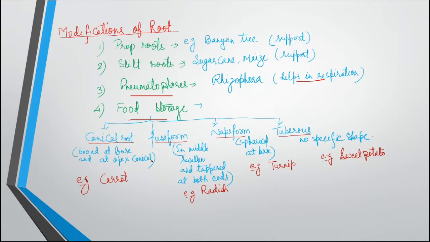Fusiform, in the case of radish, is swollen in the middle and tapered at both ends. Then napiform, which is spherical and narrow at the base, for example turnip. Then tuberous, with no specific shape, irregular, for example sweet potato. So these are some modifications for food storage.